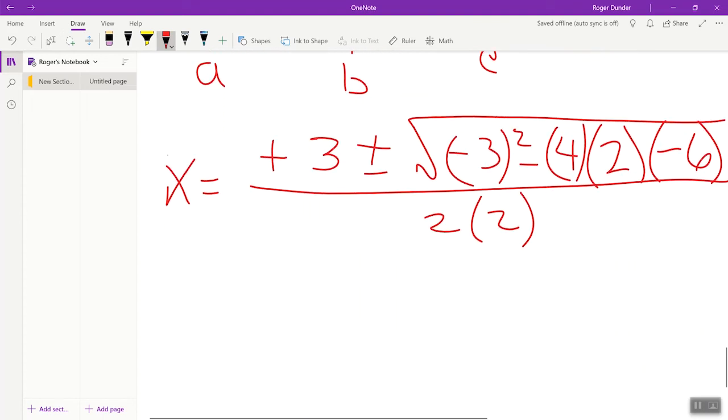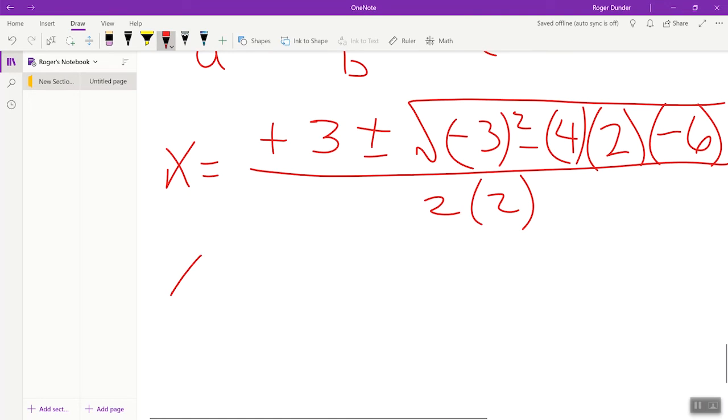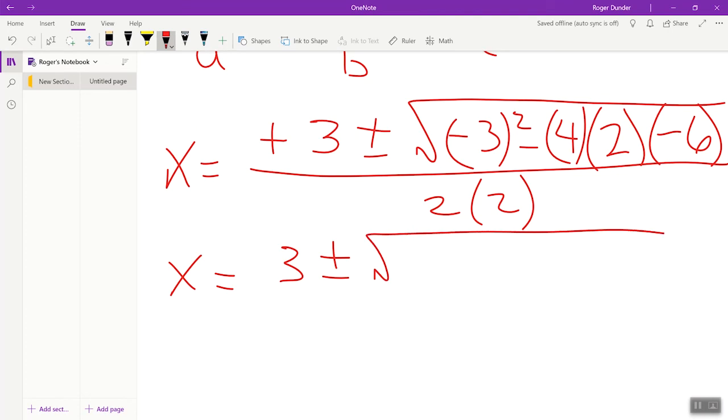Okay. So working this through, x will be equal to 3 plus or minus the square root of 9. Okay, 3 squared, 9. Negative 3 squared is also 9. Minus, over here, we have 2 times 4 is 8. 6 times 8 is 48.